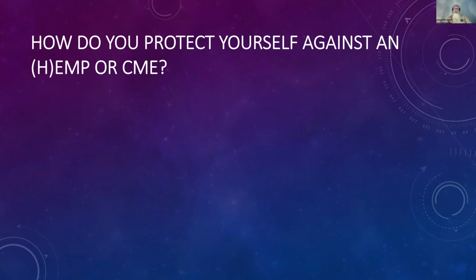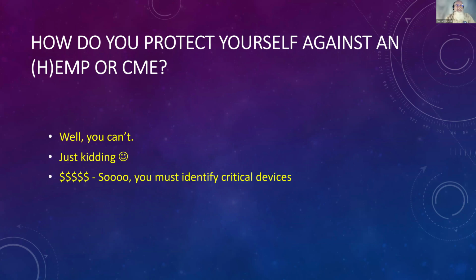So the question is, how do you protect yourself against a high altitude electromagnetic pulse or a CME? Well, you can't. Now the good news is, I'm kidding. You can sort of. The ideal solution would be to have your entire house shielded.